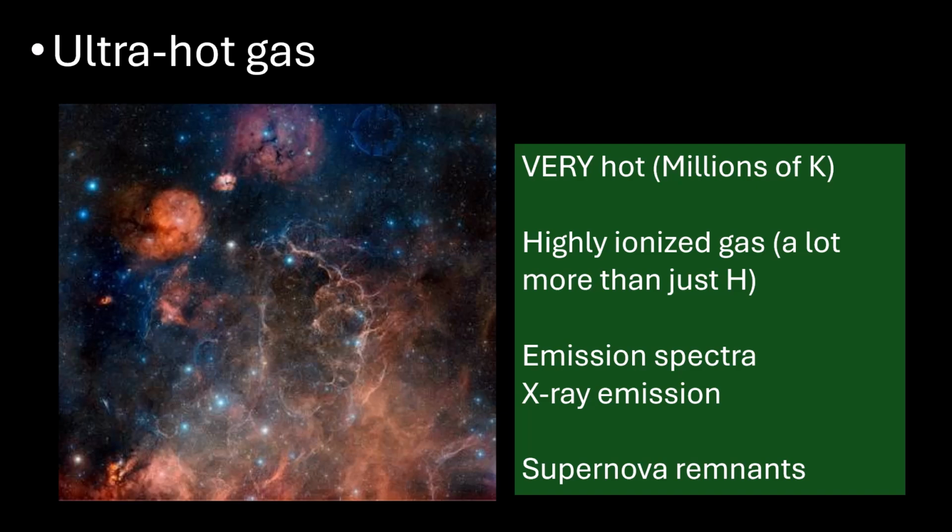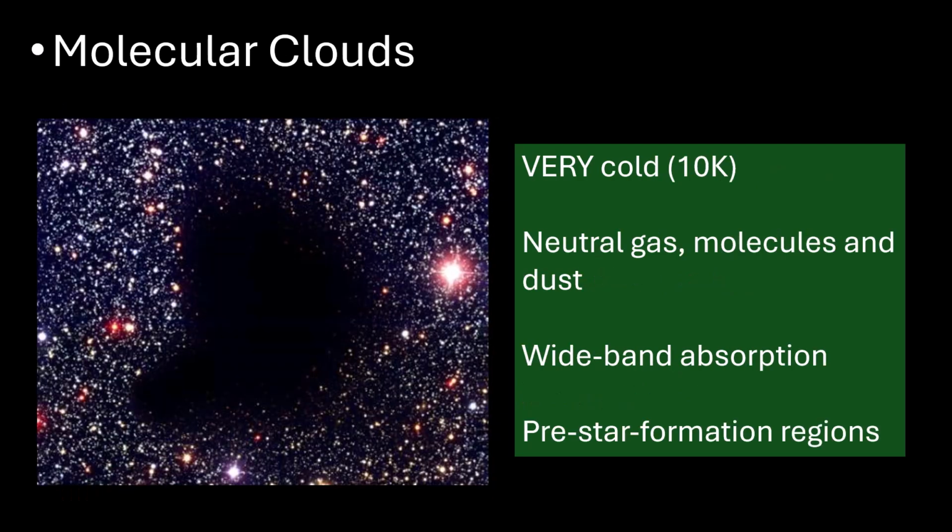Now again, the whiplash back to something very cold here. These are molecular clouds. Now this is Barnard 68. Your book talks about it in terms of dust. But this is a molecular cloud, or a dark nebula, sometimes they're called, because they block just about all light.